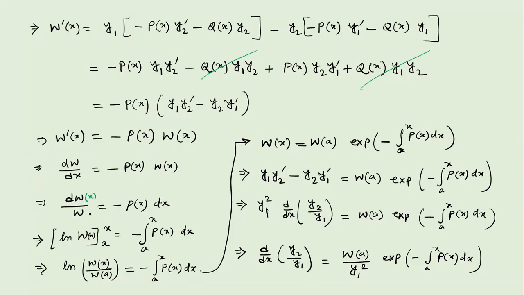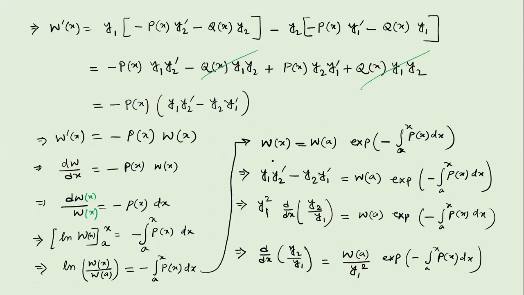This is a function of x and this is a function of x, and if we integrate, this will be ln. If we take the limit from a to x, some constant a to x, this is the initial condition, x equal to a is the initial. So this will be ln W(x) by W(a), and this is minus the integral from a to x of p of x dx. Just integrate. So you can see W(x) equals W(a) times exponential, this ln will give you exponential of minus integral of p of x dx.